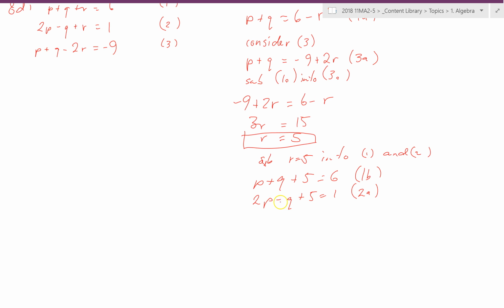We've got these two things now. Best way to go from here, I like substitution, but I think if we add these two things together, I'm going to do 1B plus 2A. My Qs are going to cancel out. I get 3P plus 10 equals 7. That means that 3P is negative 3, P is negative 1. And let's sub P equals negative 1 into something like 1B.